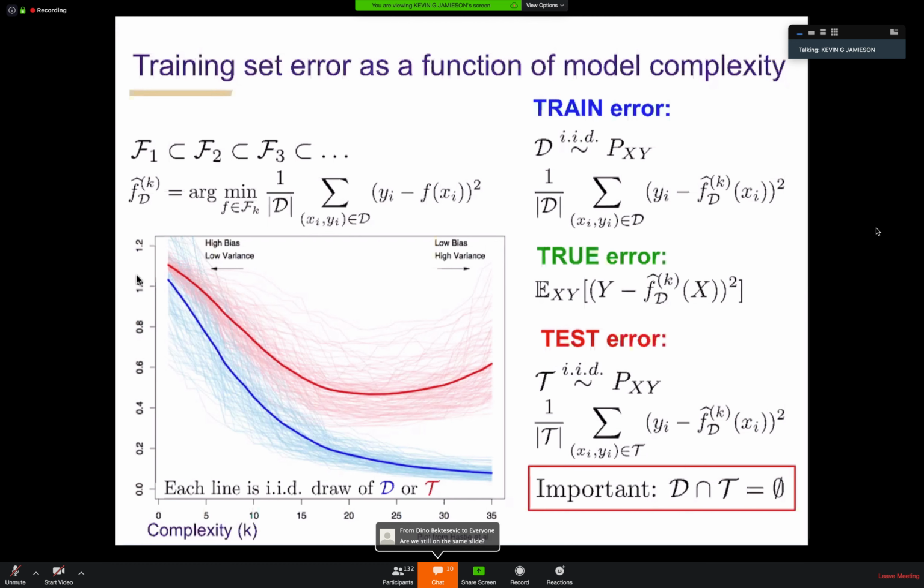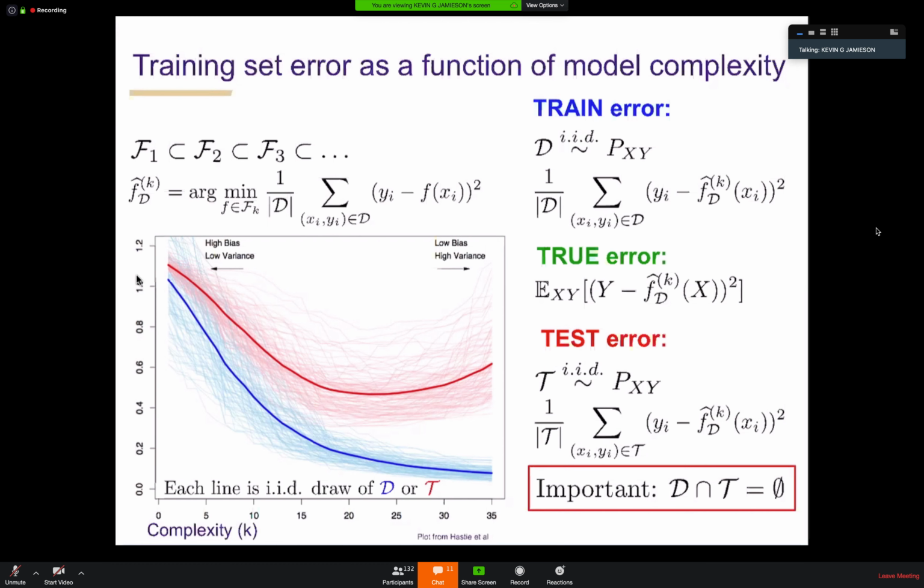You're going to look at the training set, learn your model, and pick the model complexity K using just this training set. I'll tell you how in a moment. You're going to use the training set to learn f hat of K for each K, and then potentially the K hat that you're going to use.